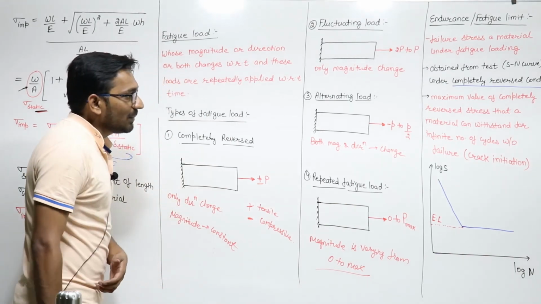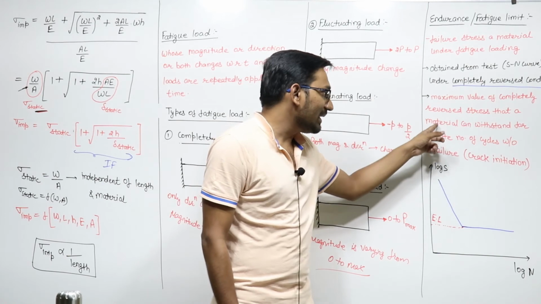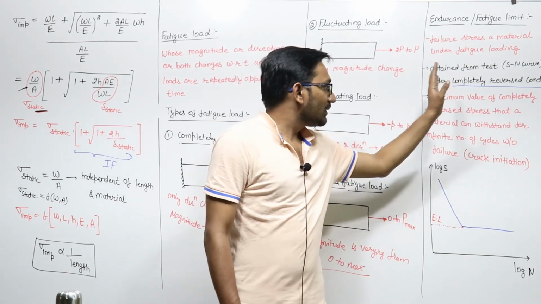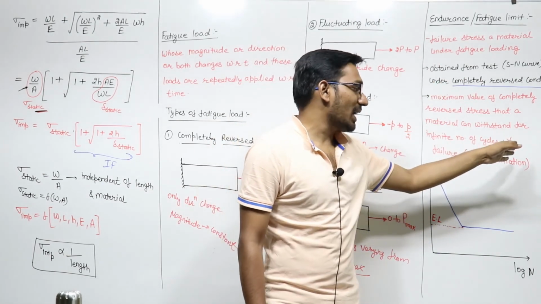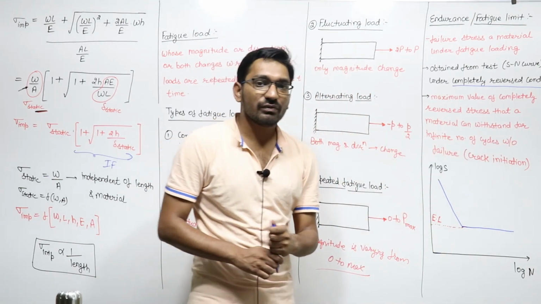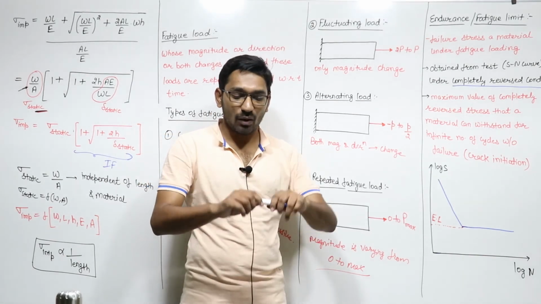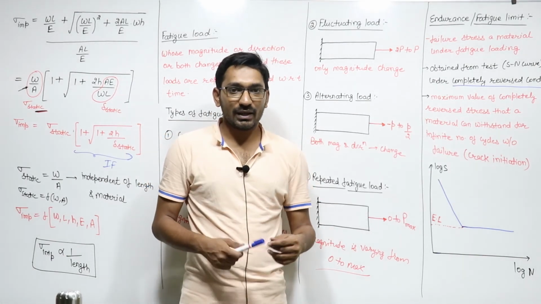So the endurance limit is the maximum value of completely reversed stress that a material can withstand for an infinite number of cycles without failure. Without failure means without any crack initiation, right?